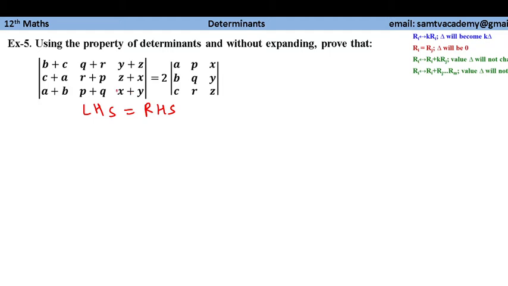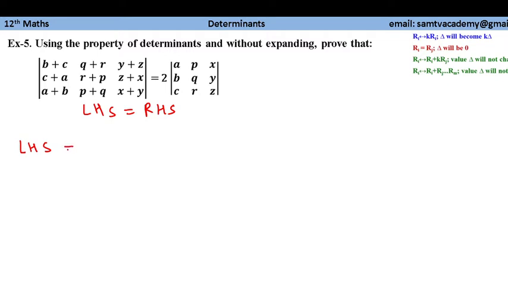As we see that we have a bigger LHS, we will take the LHS first and reduce it to the RHS. Now for that, first we are going to apply the first step on the LHS.